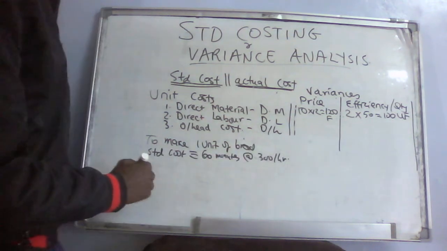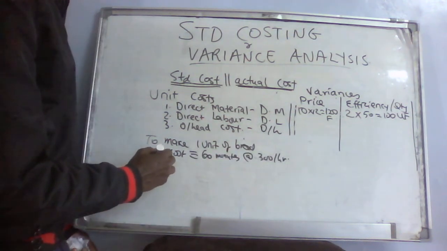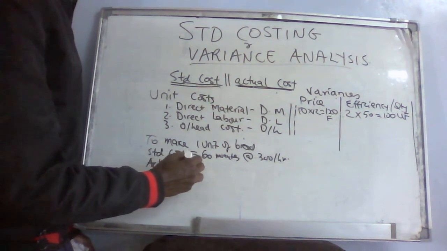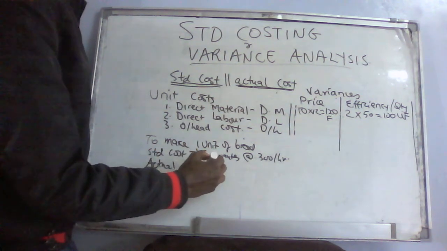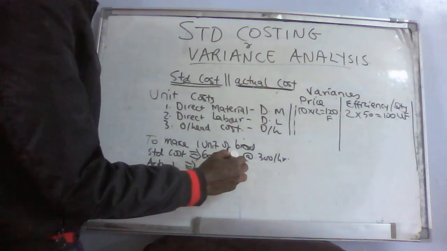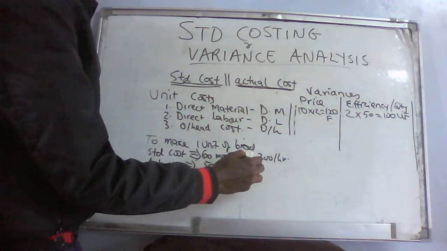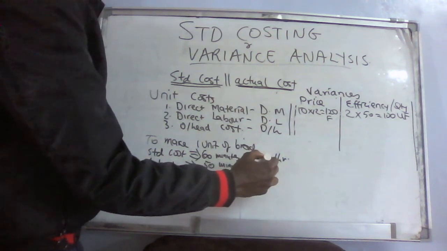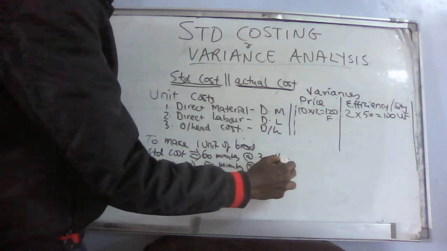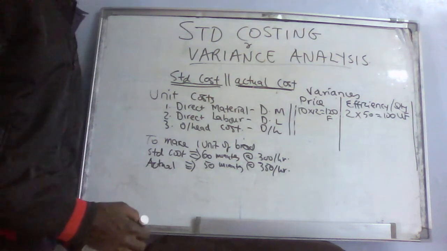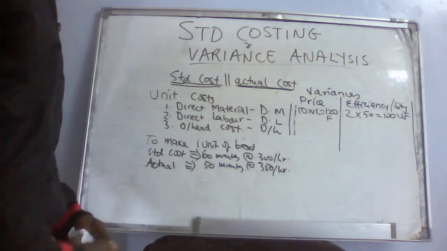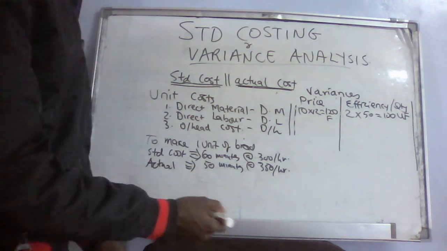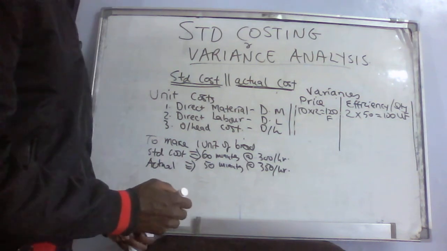And then the actual labor that you used was, let me say, 50 minutes at 350 per hour. So when you come here, you will plug in the details.